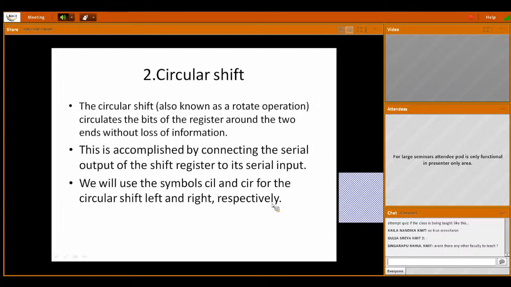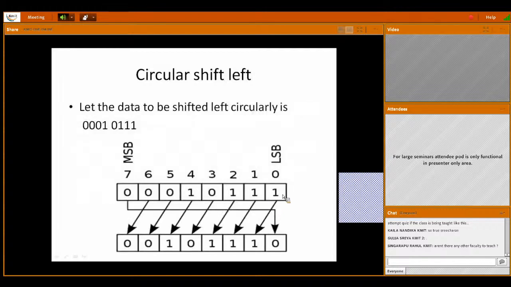When you want to perform circular shift left, how will you perform it? First, simply perform the logical shift. You know how to perform shift. From the LSB side, you consider the bits and shift them.